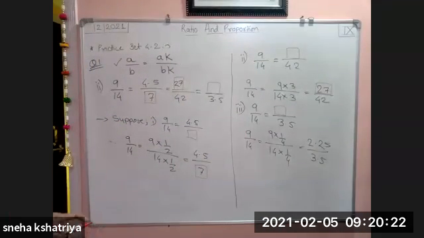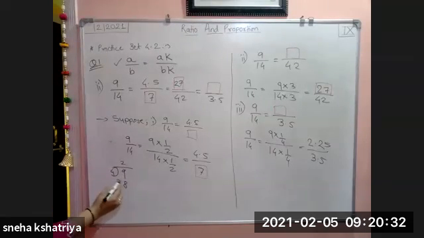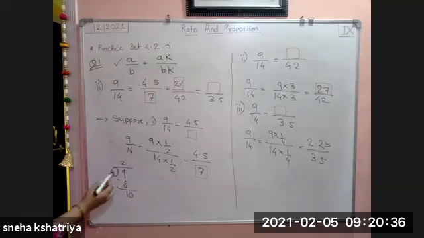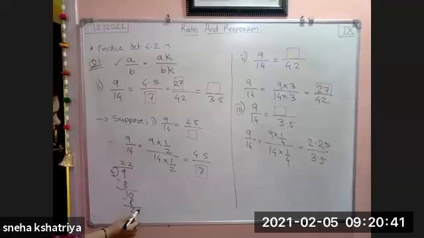2.25 divided by 3.5. Not understanding? Simple, divide like this. 4 2s are 8. 1 remains 0. If you are taking 0, take a point. 4 again 2s are 8. 2 remains, again 0. 4 5s are 20. And the final answer is 0.